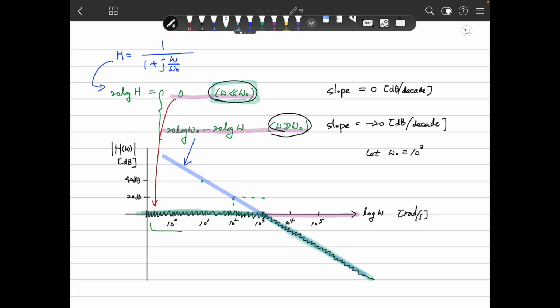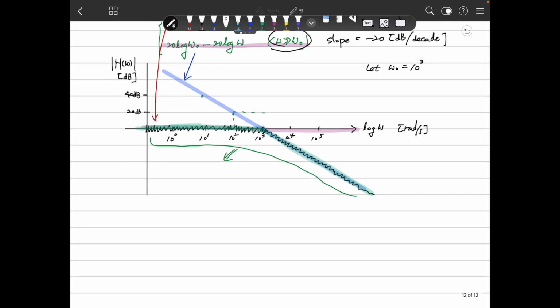This is the graph of H omega. In high frequency, it follows these figures, and in low frequency it follows these figures.